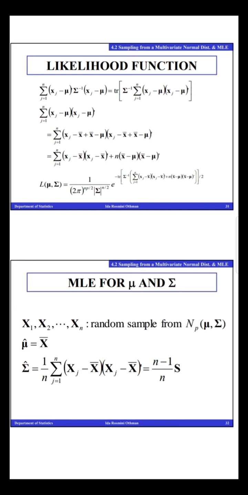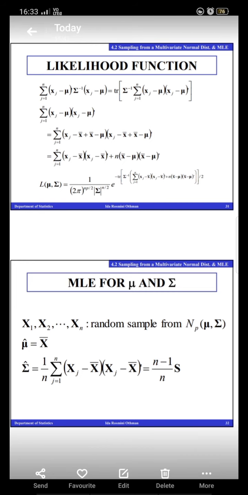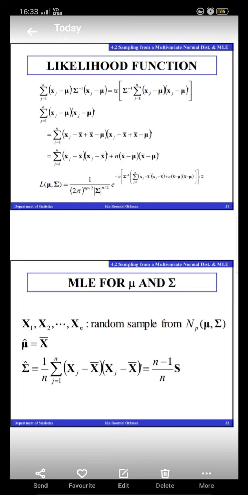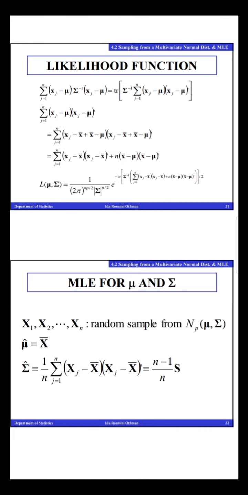big sigma hat. Here mu hat is x bar, where x bar is bold, meaning it is the mean vector. You know how to find the mean vector, you learned it in the previous chapter. And then we can estimate the variance covariance matrix by n minus 1 divided by n multiplied by S, where S is the sample variance covariance matrix.